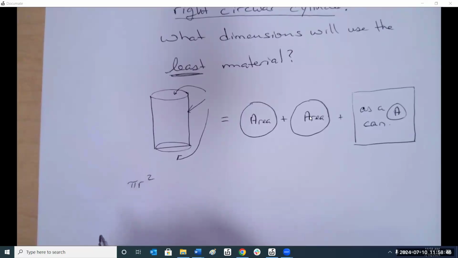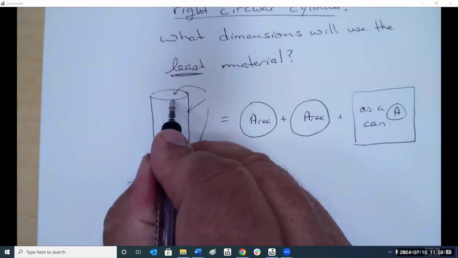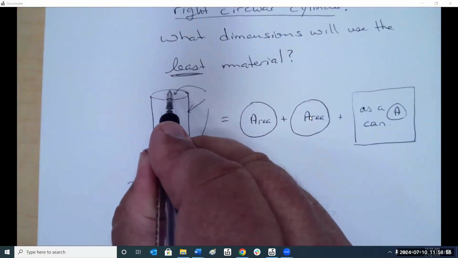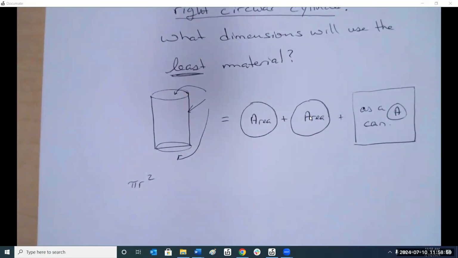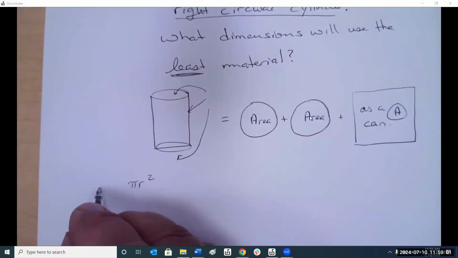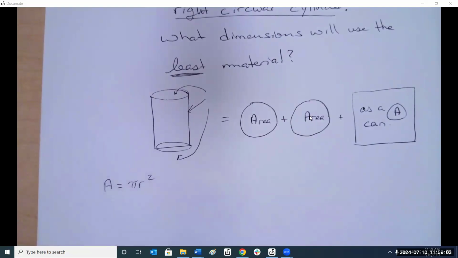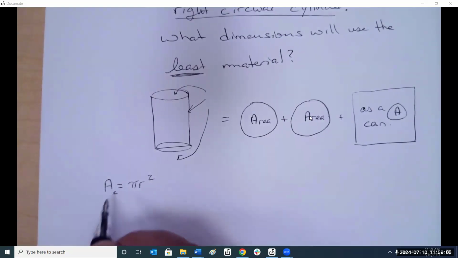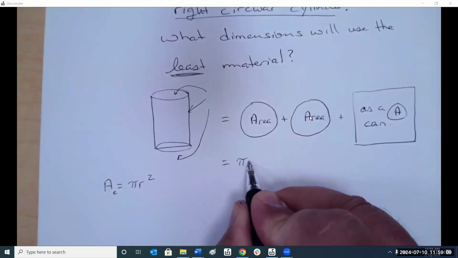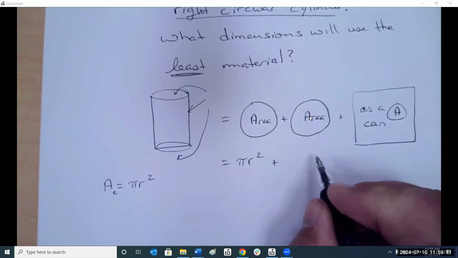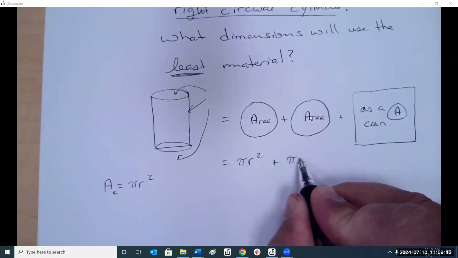The circumference would be 2 pi r. And r is the radius, how big it is from the middle. So this is the area for a circle, the area of one circle. So we have pi r squared plus pi r squared.